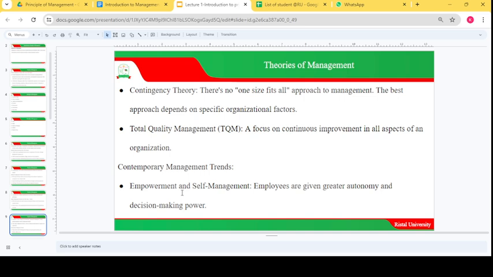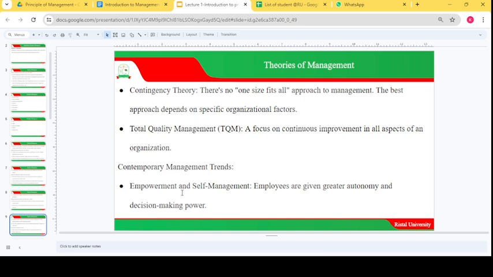We have contingency theory, which says there is no one-size-fits-all approach to management, so the best approach depends on specific organizational factors. We have total quality management, which focuses on continuous improvement in all aspects of an organization.